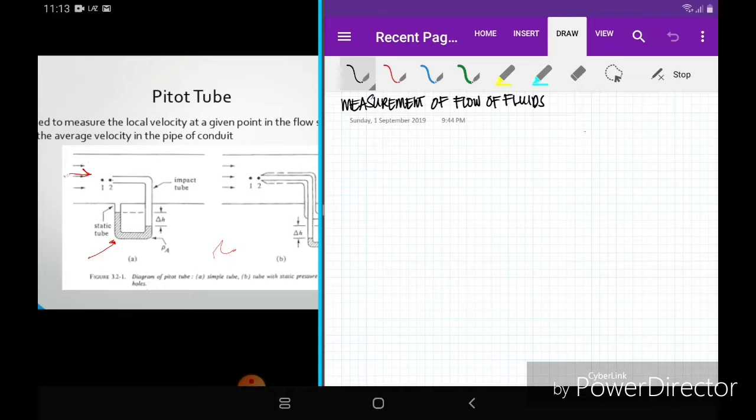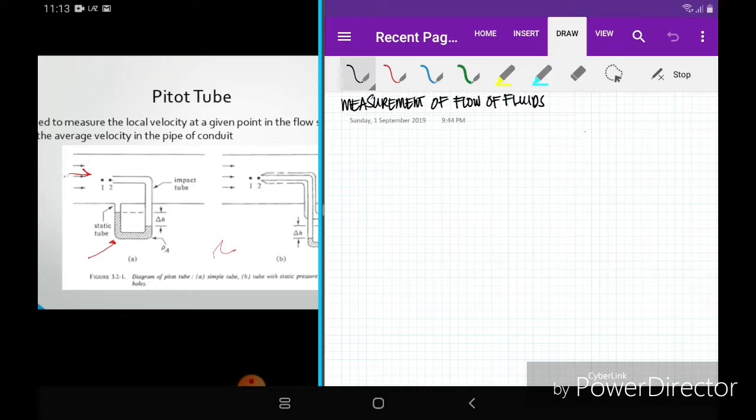So again, for us to be able to calculate the delta P, you must have the static pressure measured by the static tube. So, yung una, yung stagnation pressure, then the other one is the static pressure.